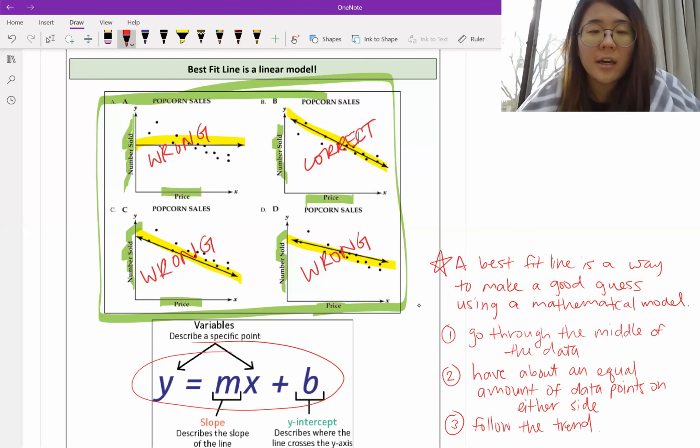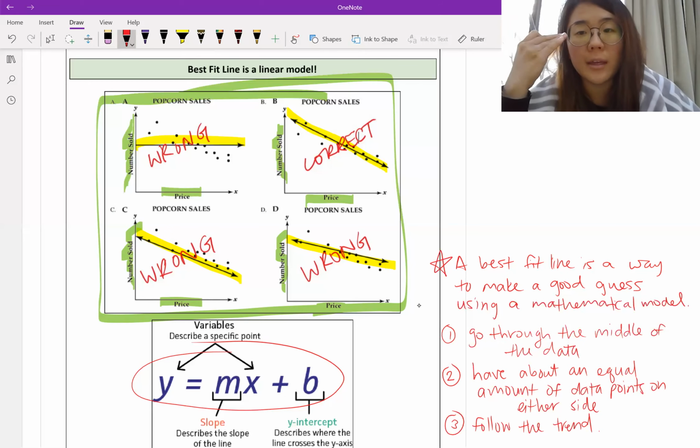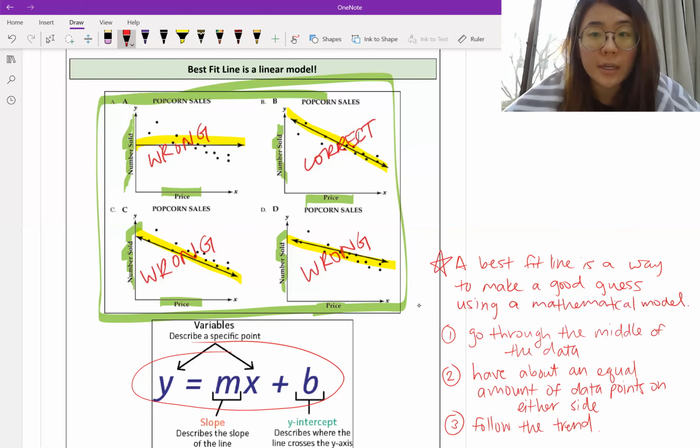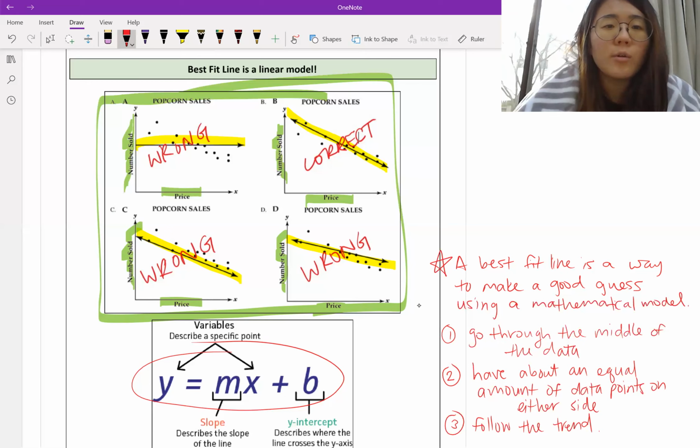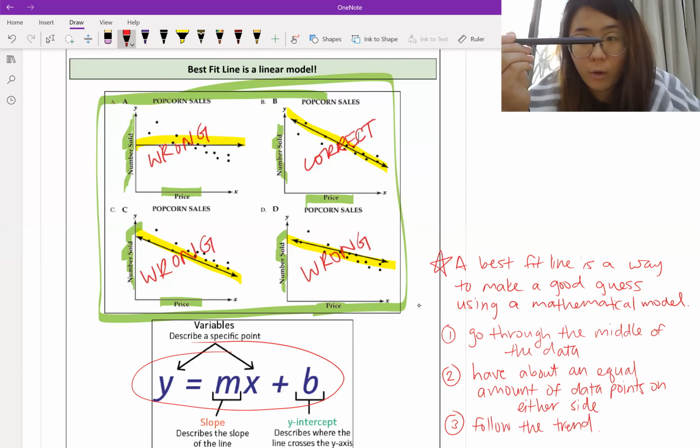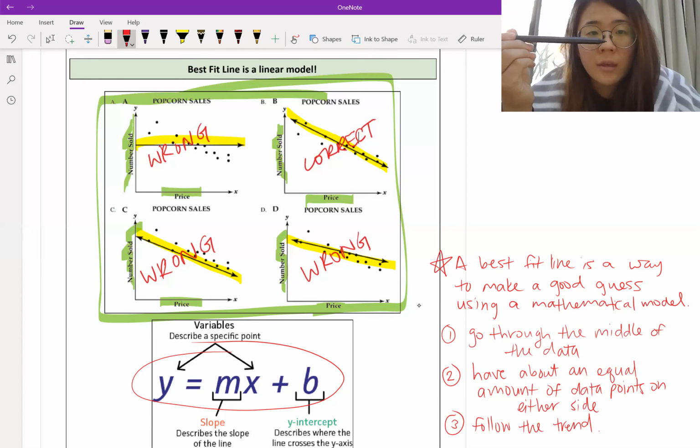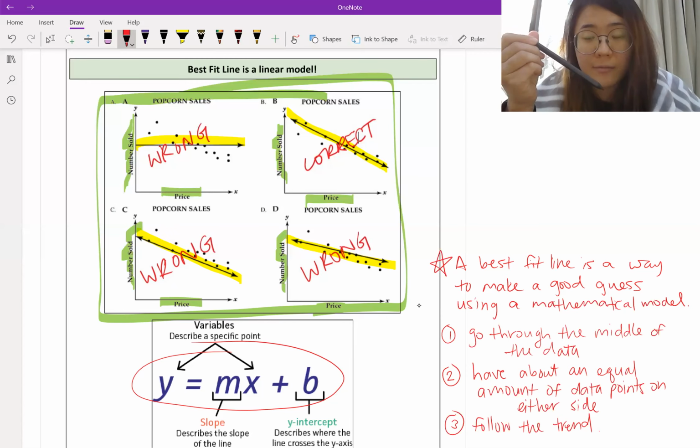If you want to create a line where you can make the best guess, you want to make sure it matches the data. So A, for instance, is wrong because the line is just horizontal, and the data points are moving in a negative trend. So you want your line to be negative.